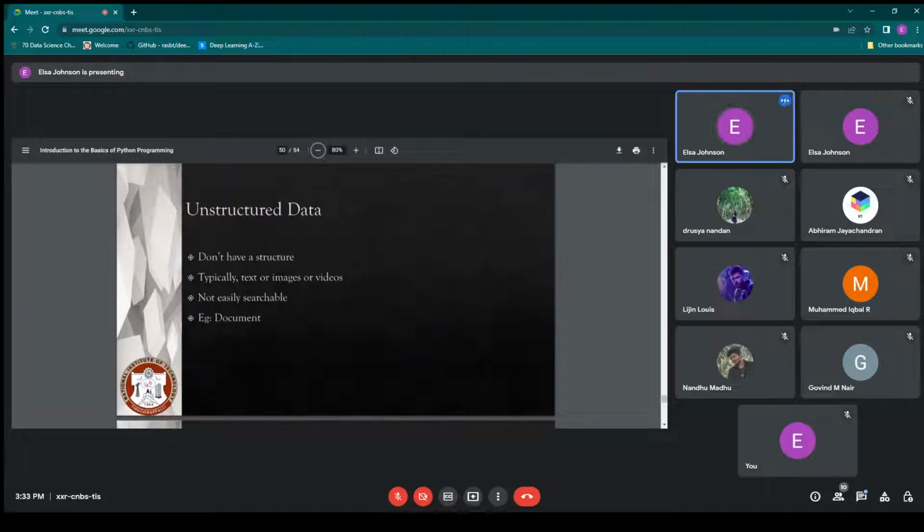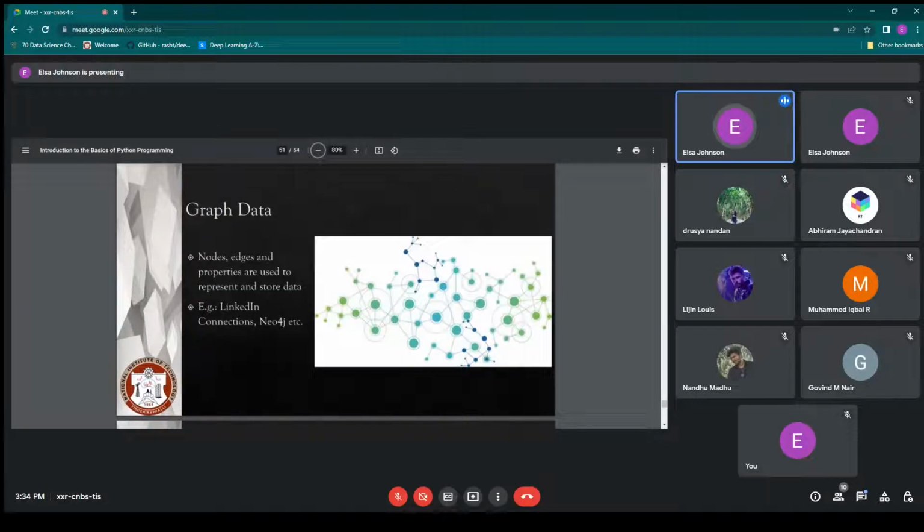Usually it consists of text, images or videos, and it's not easily searchable. If you have image data, you can't access it by giving a row number or column number. It's very unstructured. Now the next type is graph data.